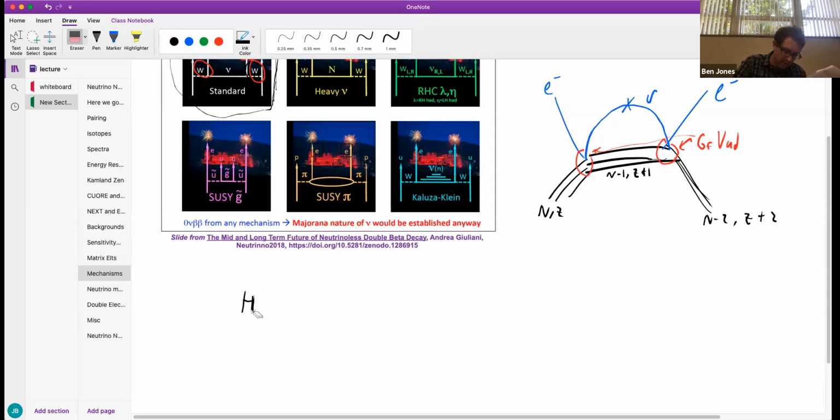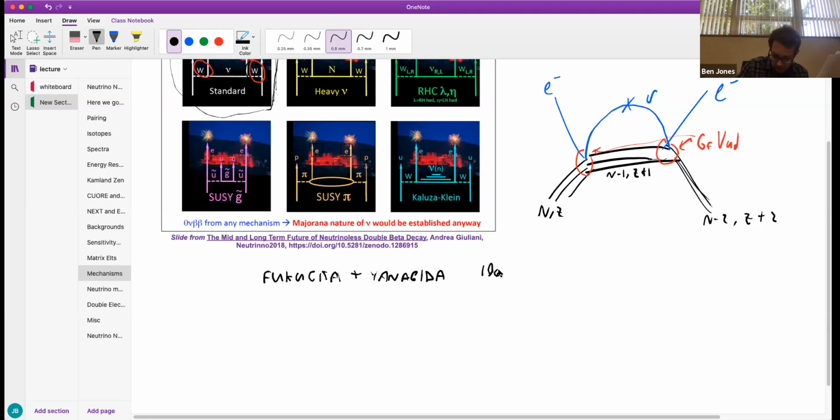By the way, this treatment I'm giving here is going to certainly omit some important steps. I'm going to skip some of the math and brush some details under the carpet because I just want to give you a flavor of the physics here. But if you want to see more details, I'm following the treatment basically from two places: the book by Fukugita and Yanagida, which is a famous neutrino physics book, I think it's called Physics of Neutrinos and Applications to Astrophysics or something like that.